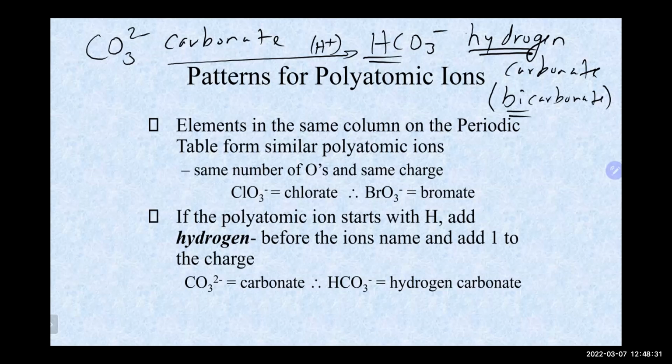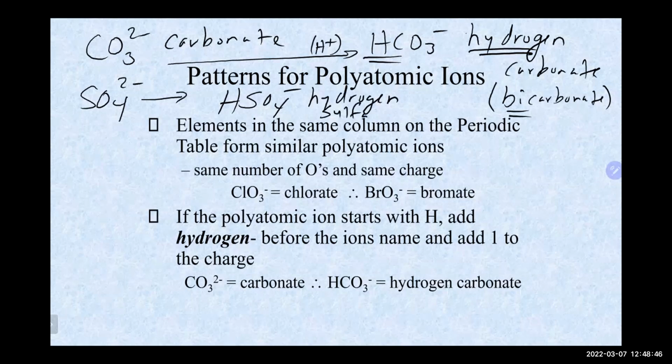If you take sulfate, which is SO4 2 minus, and put a hydrogen on it, H plus, HSO4 minus, we get what is known as hydrogen sulfate, also sometimes referred to as bisulfate. So those are two very common bi names, bisulfate and bicarbonate.